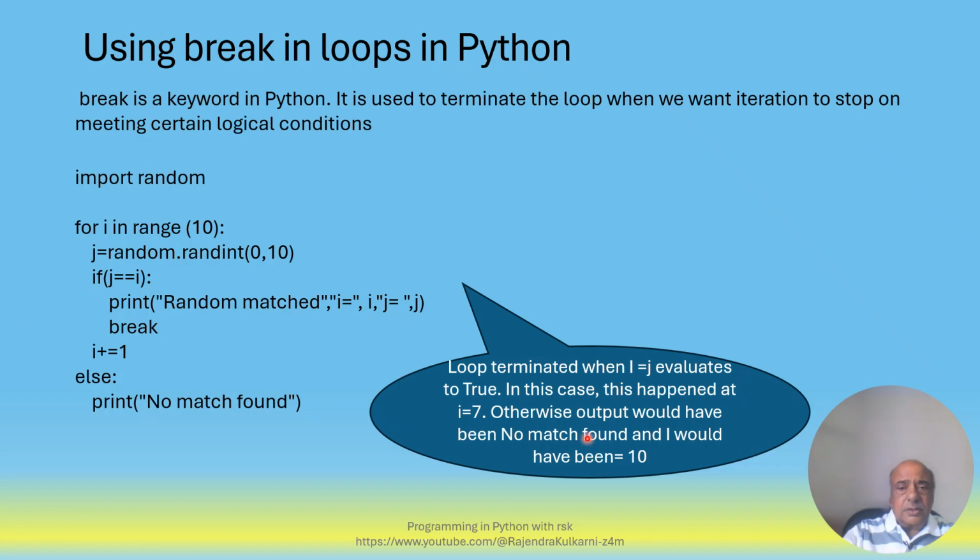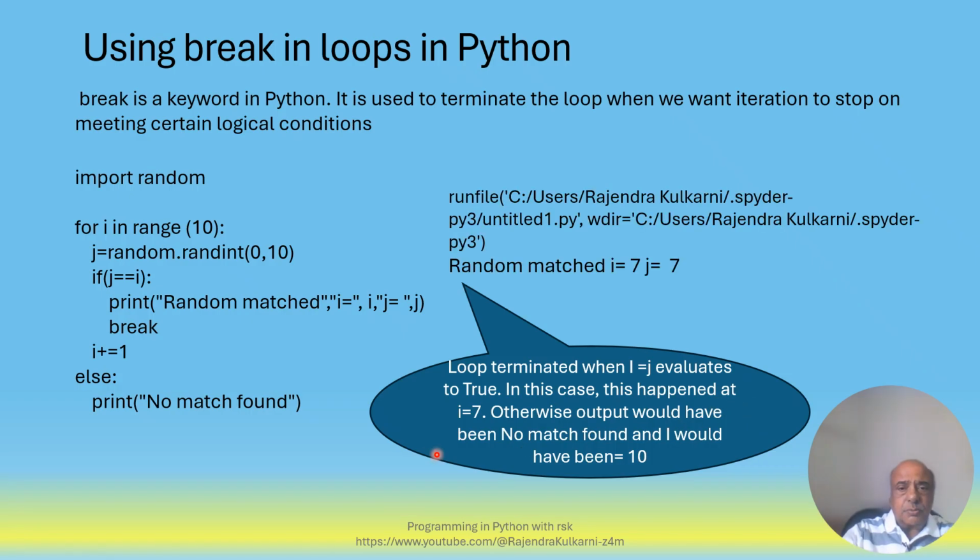In this case, this happened at i equal to 7. Actually, when I ran this program, the matching of i and the randomly generated number j happened when i had a value of 7. At that iteration when i was 7, the random number generated was also 7, and hence the loop was terminated.